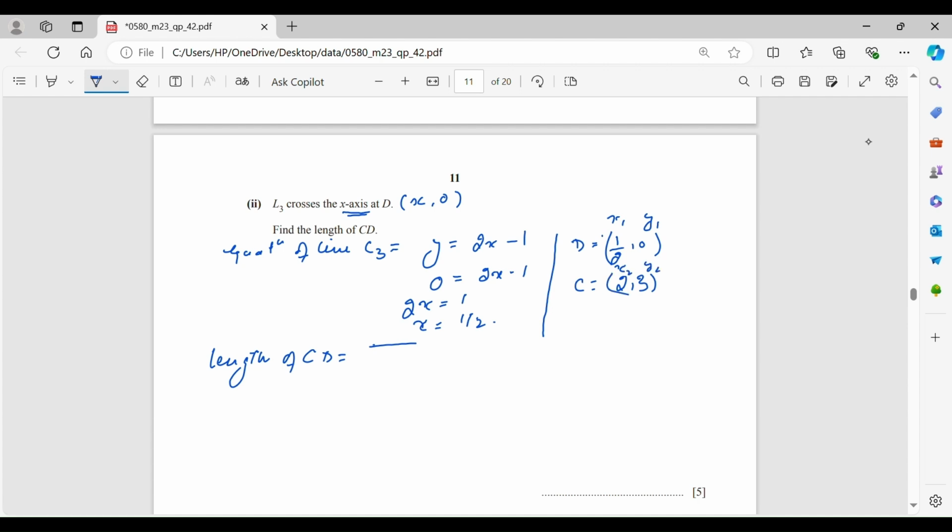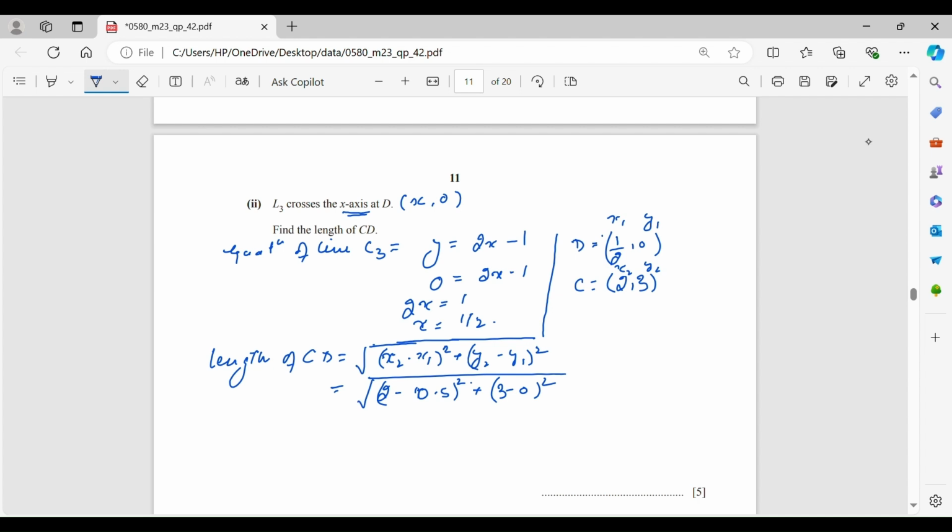Then this will be equal to the square root of (x2 minus x1) square plus (y2 minus y1) square. This is x2, which is 2, minus 1 point, that can be written as 0.5, this square, plus y2, which is 3, minus 0, square.